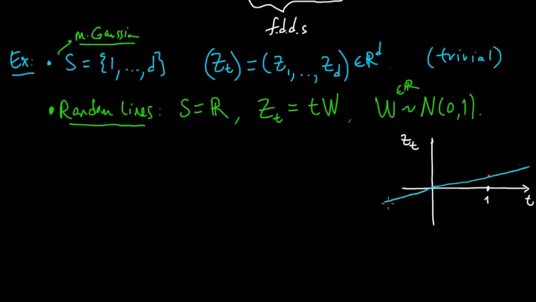And when t is 0, of course, Z_t will be 0. So it's just the straight line that goes through 0 and that point. If we sampled W again and got a different value, maybe that one, then this collection of random variables is going to look like this.